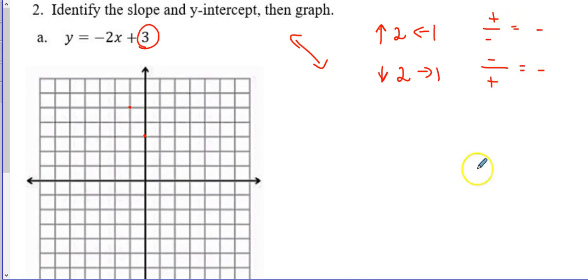So as long as you still get a negative number, it's fine. So I could either go up 2, left 1, or I could go down 2, right 1, and see I've still got that same slope. Let me get my line tool. So there's my line. So it should look something like that.